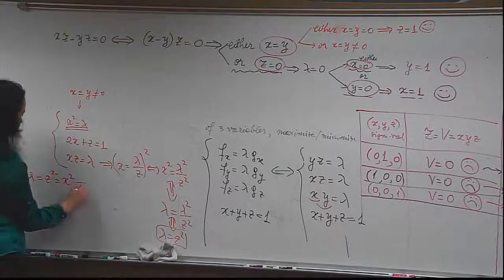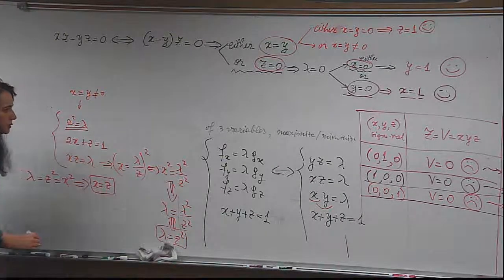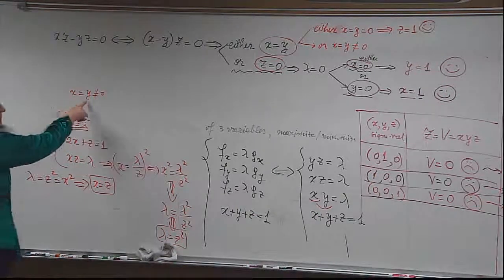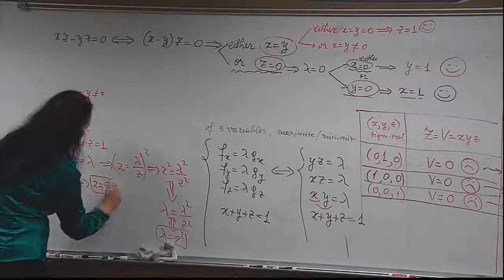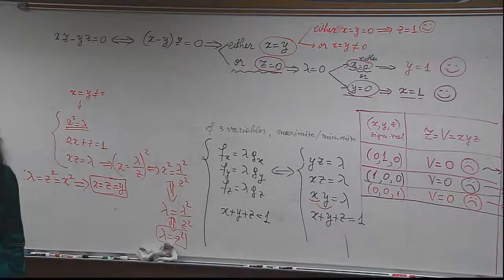And it implies that x equals z. X is equal to z. But it's also equal to y, because x was y from the assumption. So this is the beautiful thing where all the 3 dimensions are the same.